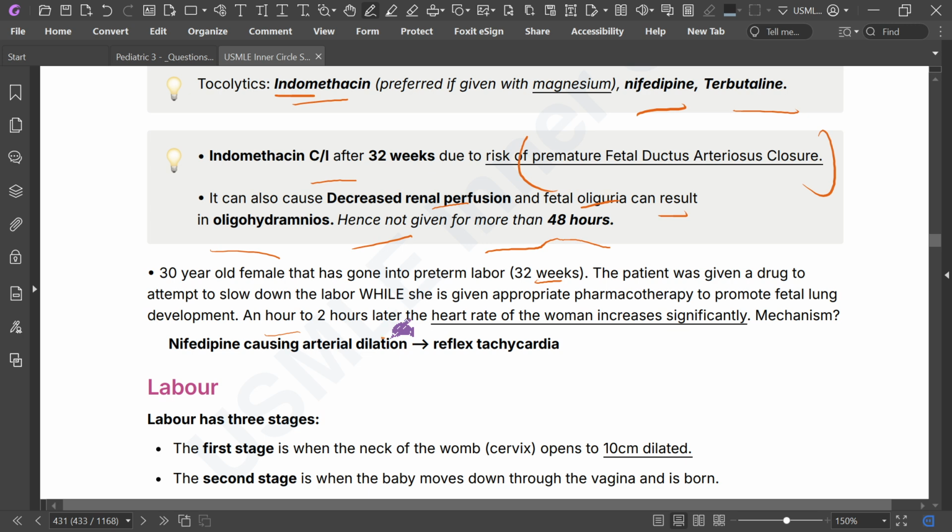An hour or 2 later, the fetal heart rate increases significantly. What is the mechanism and what is the cause? Nifedipine. At 32 to 34 weeks, we can use a tocolytic, nifedipine. Nifedipine can cause arterial dilatation. It can cause reflex tachycardia.